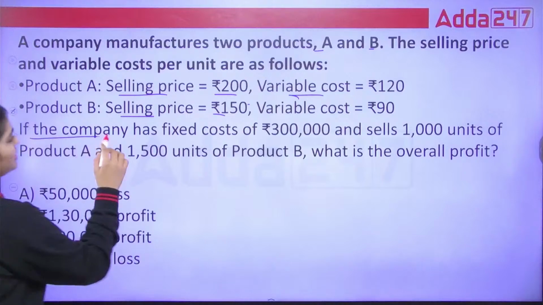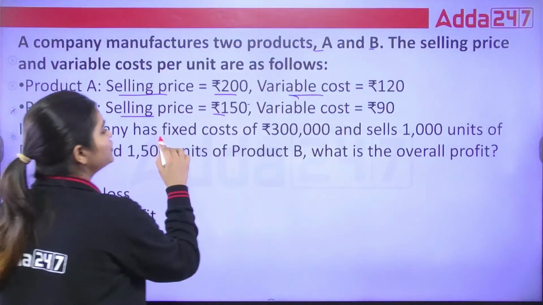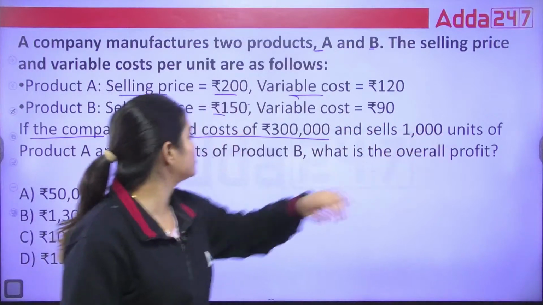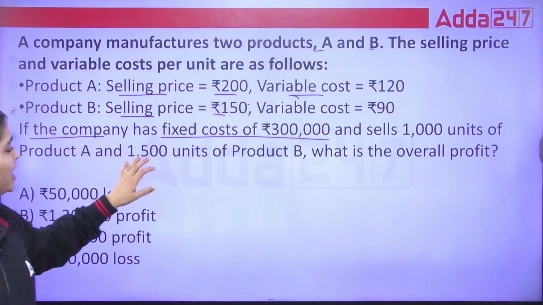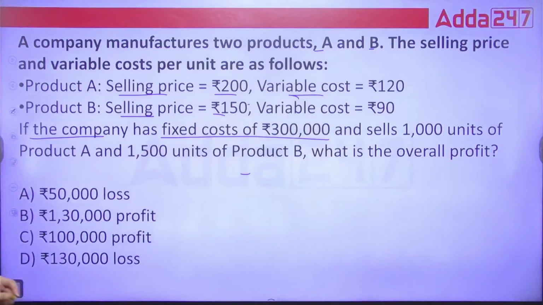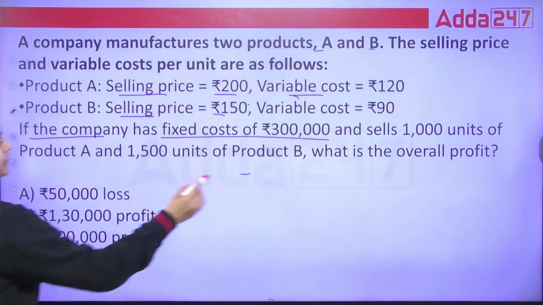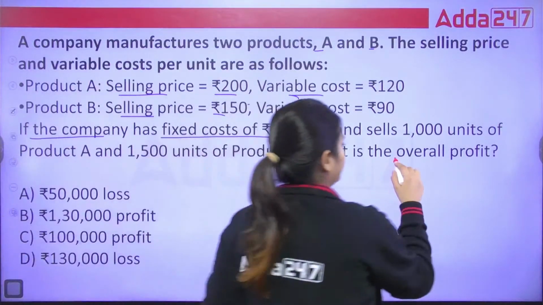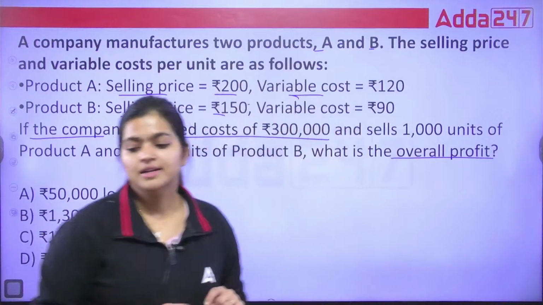Then if the company has a fixed cost of 3 lakh and sells 1000 units of A and 1500 units of B, what is the overall profit? What we need to calculate in this? Overall profit. Let's go.